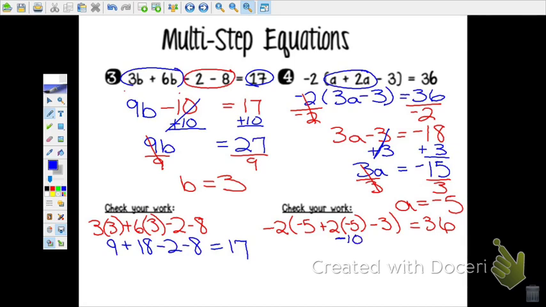So I have negative 5 minus 10, which is how much? Negative 15 minus another 3, which is negative 18. So I have negative 18 times a negative 2. A negative times a negative gives me a positive 36.